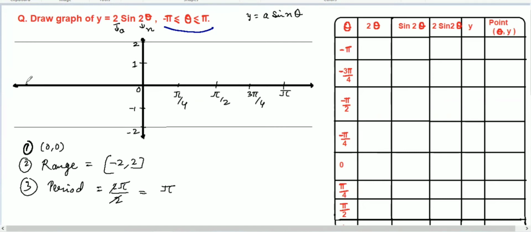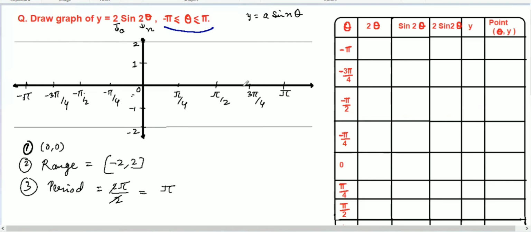And same thing we are doing here. So here it will be minus pi, and half of minus pi is minus pi over 2, half of that is minus pi over 4, and then minus 3 pi over 4.